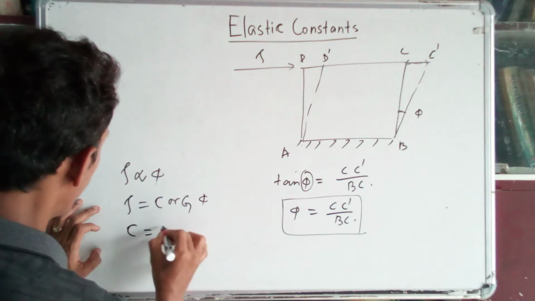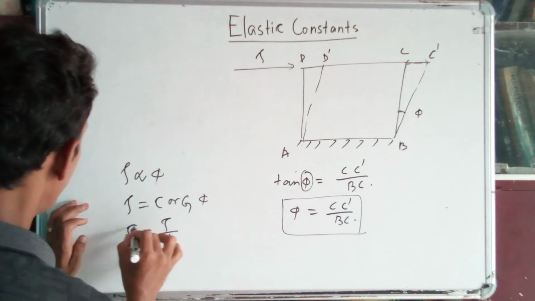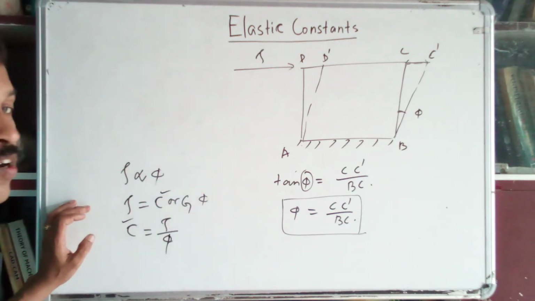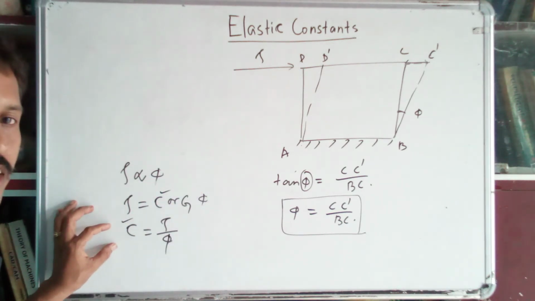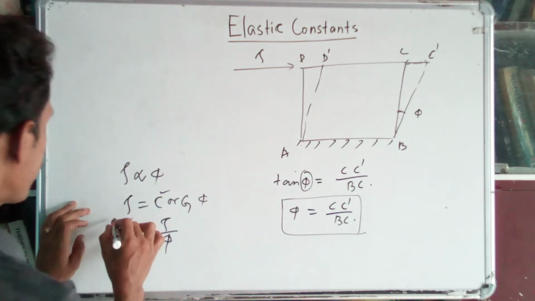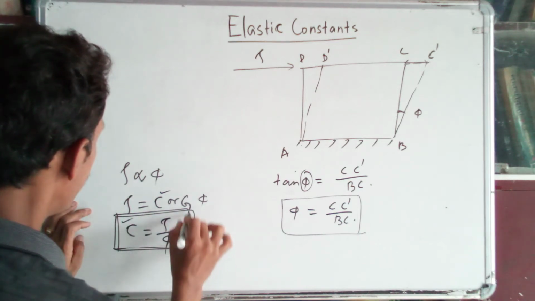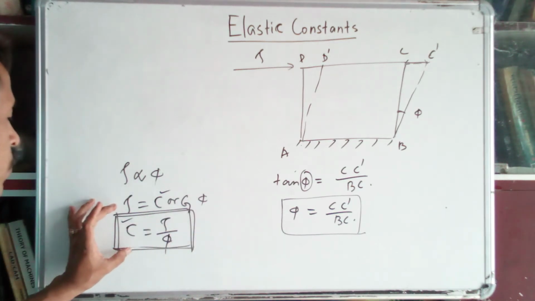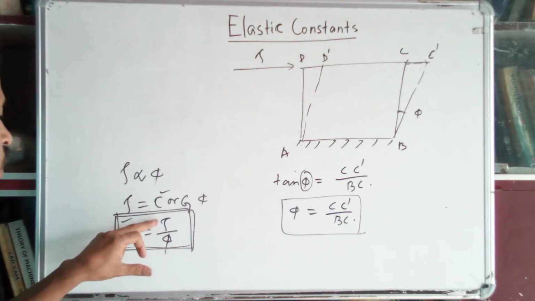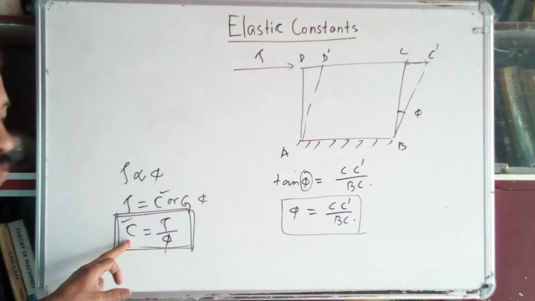So C is equal to tau by phi. This C is called modulus of rigidity. So modulus of rigidity, therefore, is shear stress by shear strain.